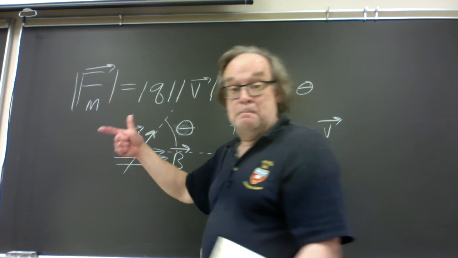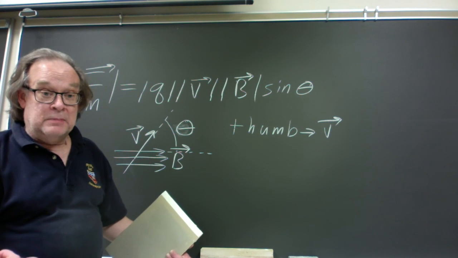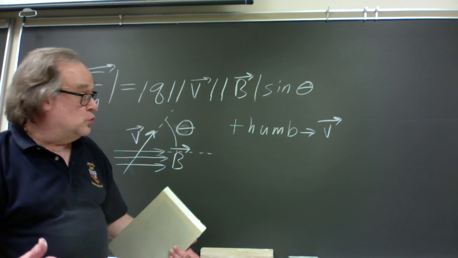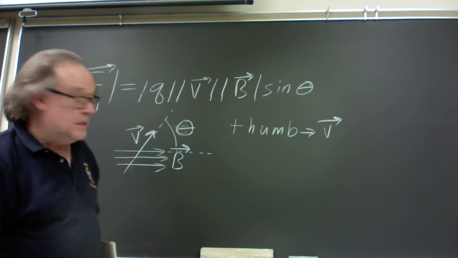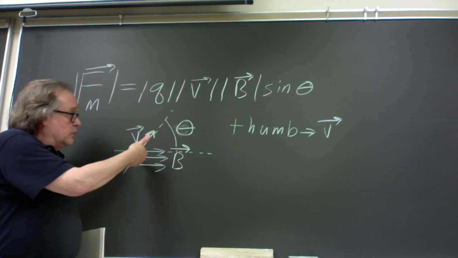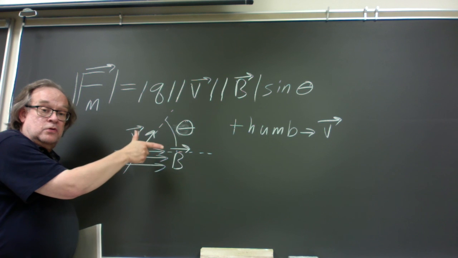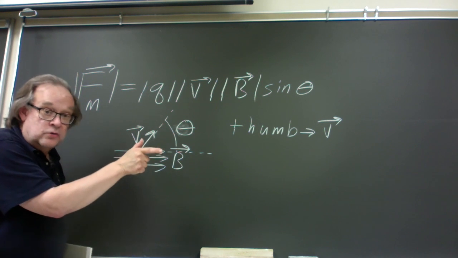If you just stop and think about each step and don't go on to the next step until you are sure you've got the previous step right, then things will go okay. So, thumb in direction of the velocity, index finger in direction of the field.